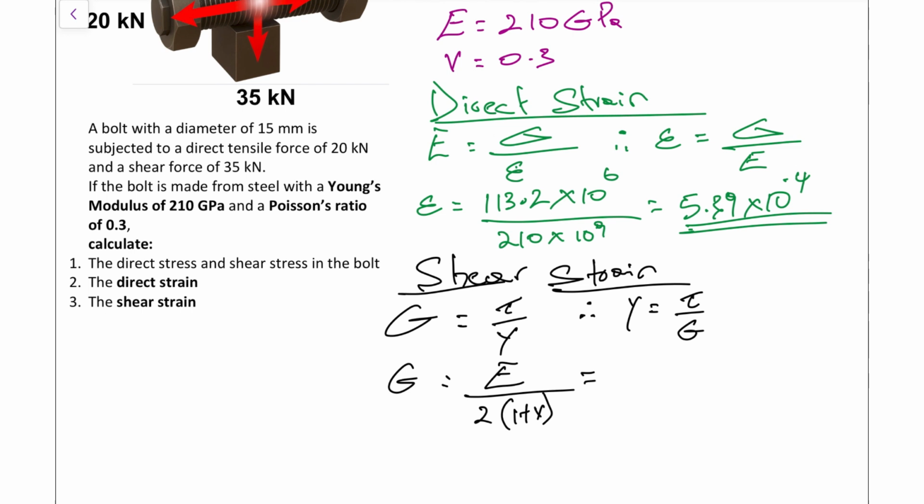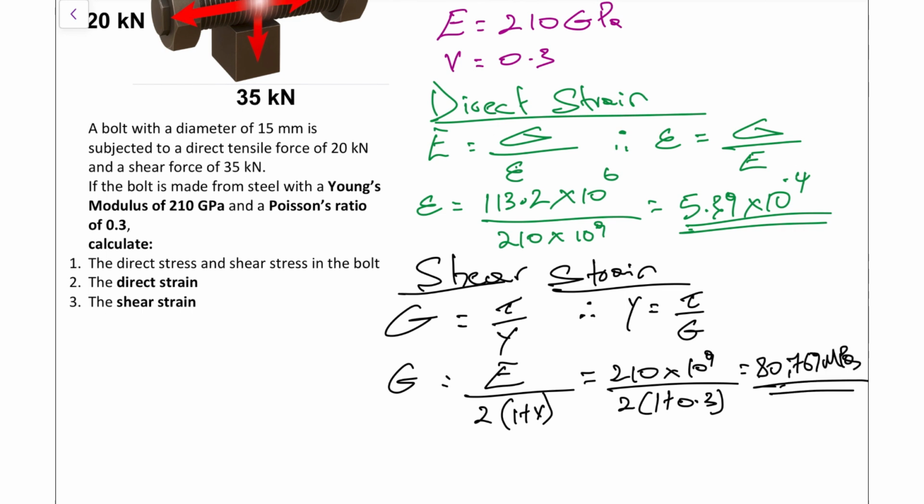Let's put these into the equation. That's 210 times 10 to the power of 9, the modulus of elasticity, all over 2 times 1 plus 0.3. That equals, there we go.